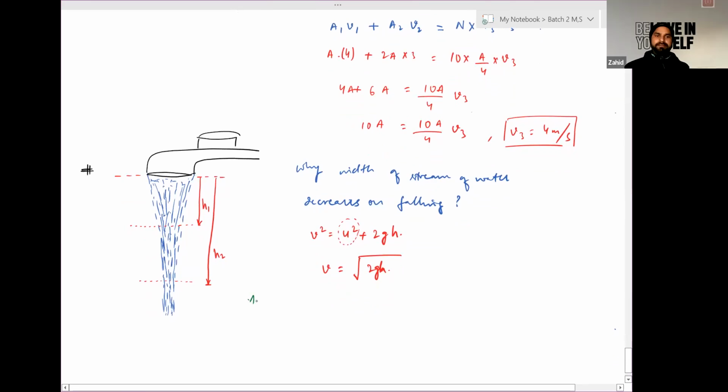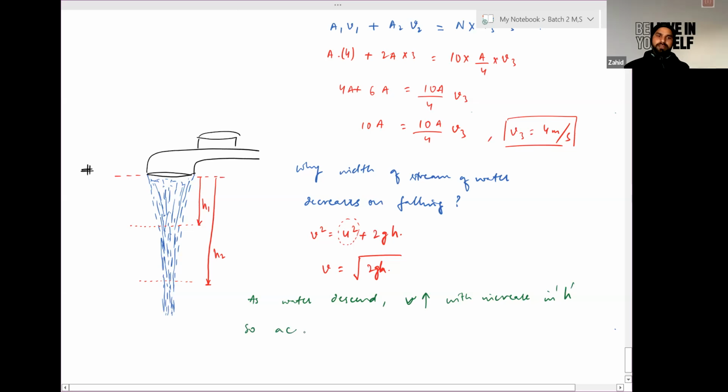So you can write: as water descends, velocity increases with increase in h.